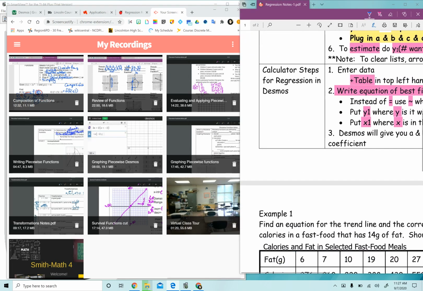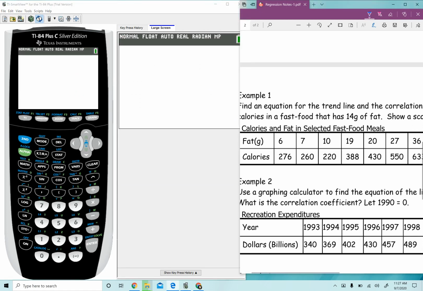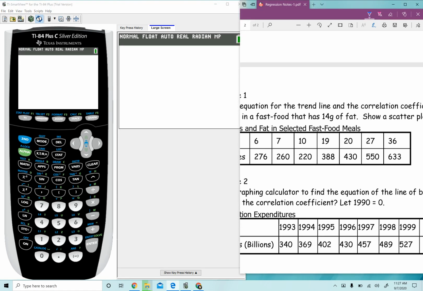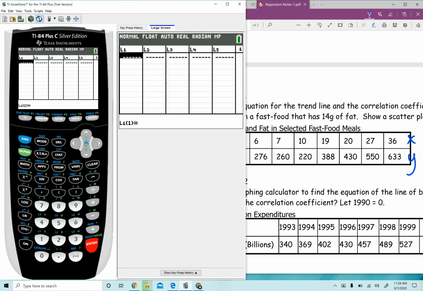So let's look at what this looks like in your calculators. Let's look at example number 1. Let's start with our calculator first. We're going to put this into our calculator, and these are our x's and these are our y's. So we would do stat, edit, and we would put these in: 6, 7, 10, 19, 20, 27, and 36.